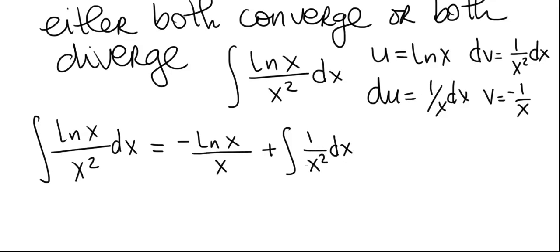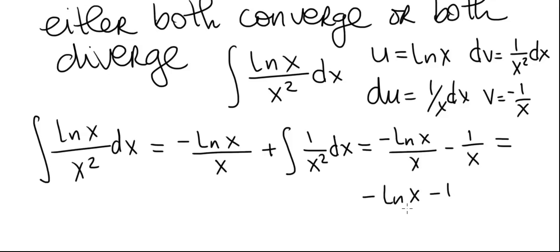So the second integral on the right is easy; the integral on the left is tough. This is minus ln of x over x minus 1 over x, which we can write as minus natural log of x minus 1 divided by x.